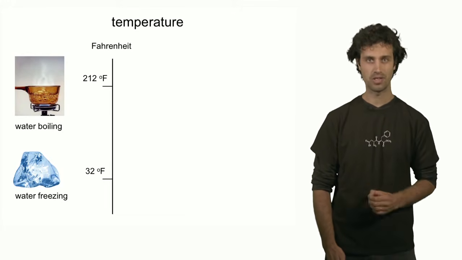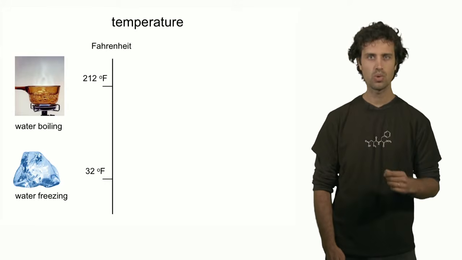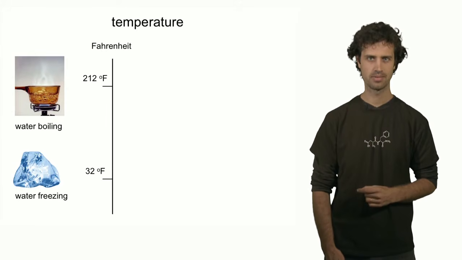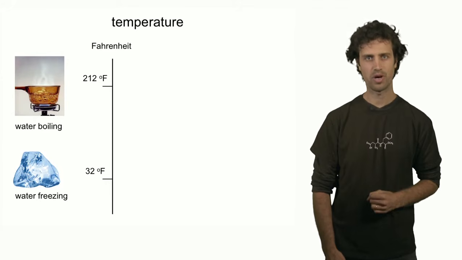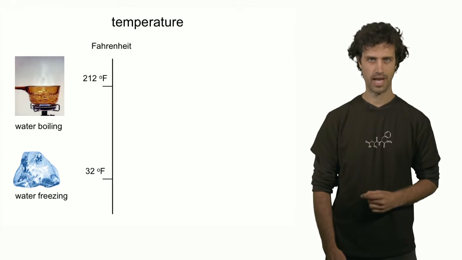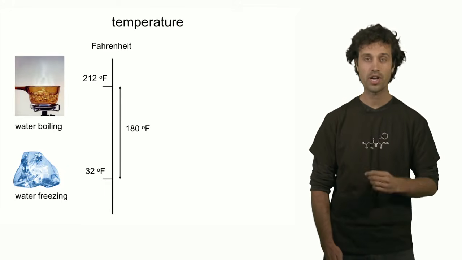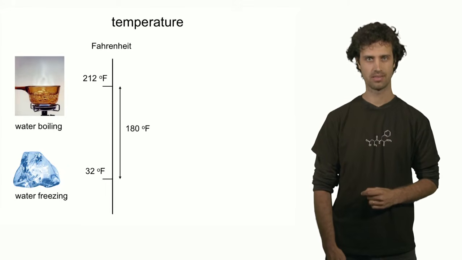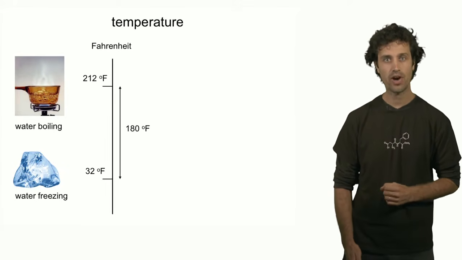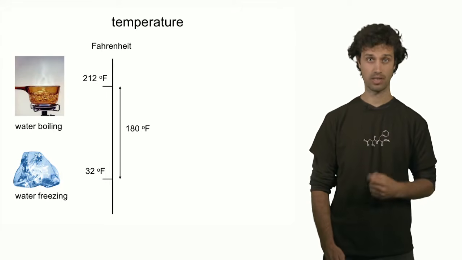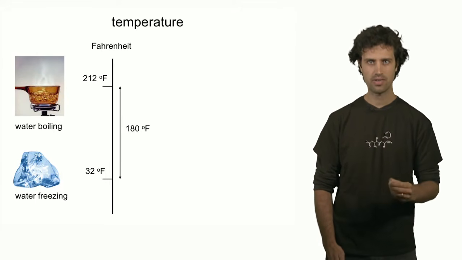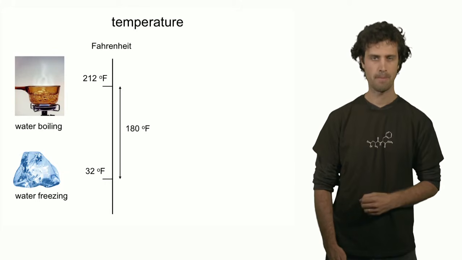On the Fahrenheit scale, the boiling point of water is 212 degrees Fahrenheit. The freezing point of water is 32 degrees Fahrenheit. In between these two reference points are 180 units of Fahrenheit. Now, even though Fahrenheit is the most commonly used scale in the United States, it is scientifically not frequently used.